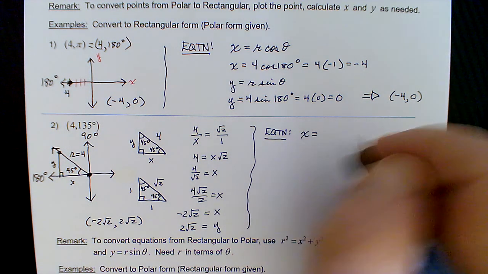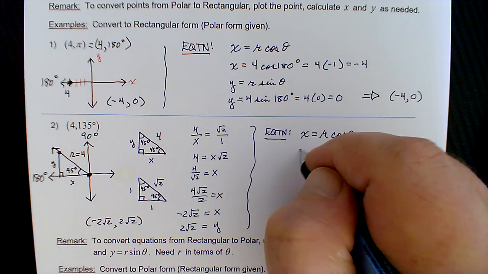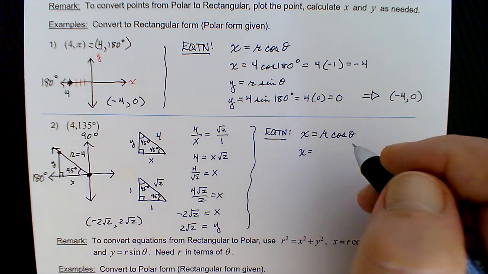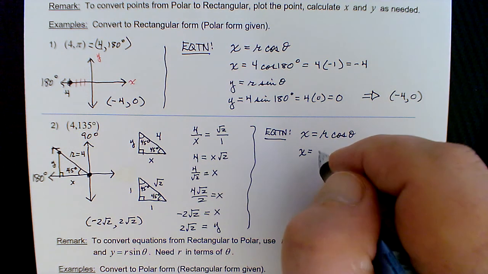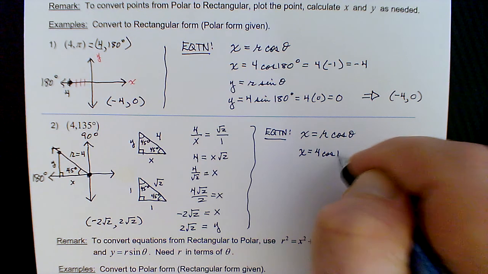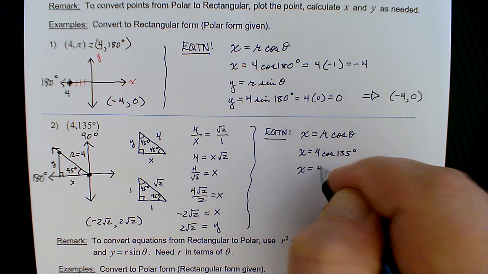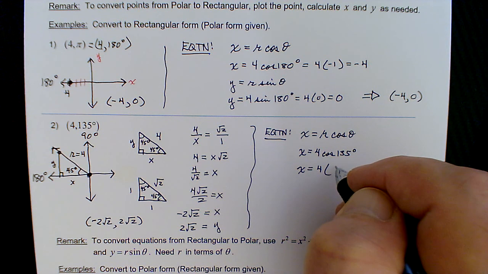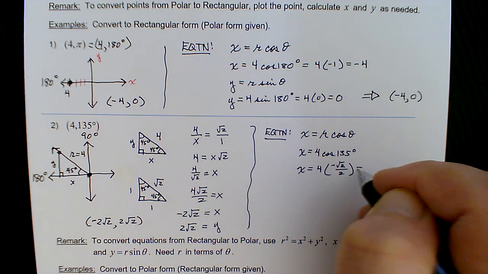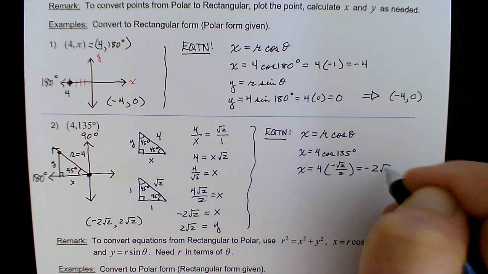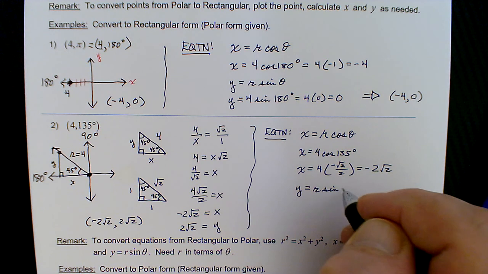Going in this direction, it's really easy with the equations. In the other direction, not so easy, because you have to use the tangent and make some choices. But here it's pretty straightforward because you just plug in what you're given. 4 cosine 135, and the cosine of 135 is negative radical 2 over 2. So that gives negative 2 square roots of 2, and similarly y is r sine of theta.